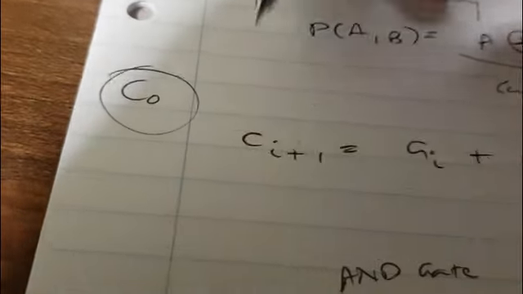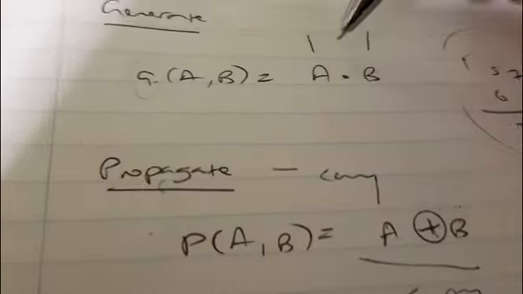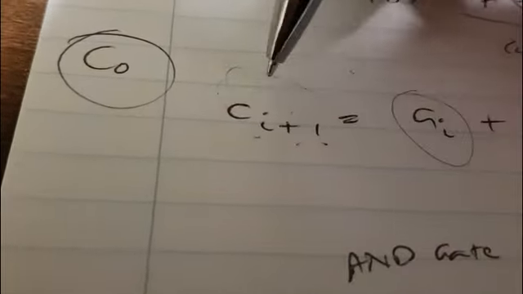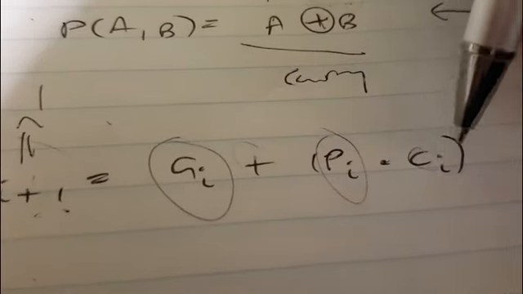Essentially, assuming we have an initial carry of C0, we can define the next carry, C(i+1), to be either a carry generate, where G is the predicate A and B. If A and B are both 1, then this carry will end up being 1, or if a carry is propagated, if this predicate P, propagate, is true, and Ci is true as well.